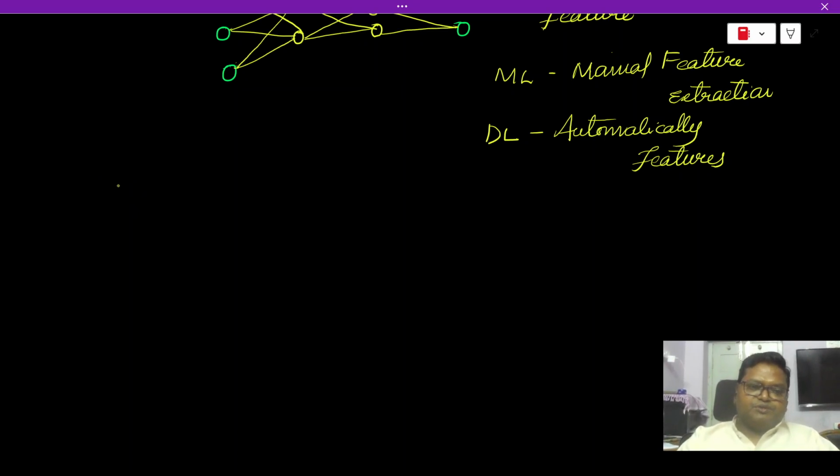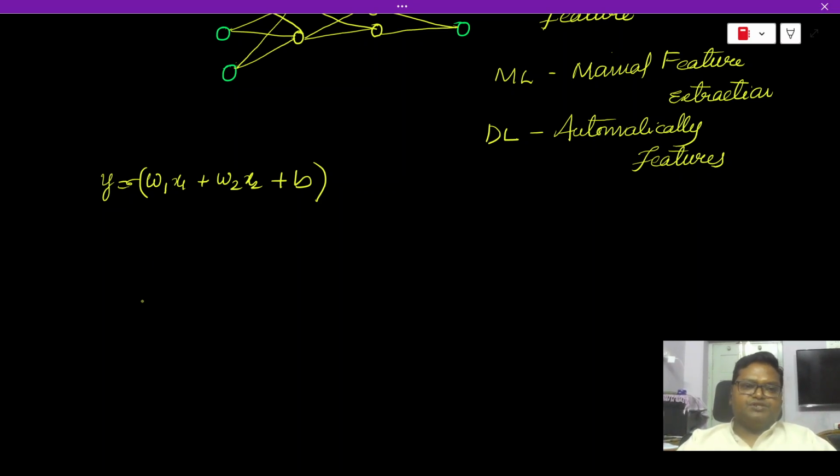What is a perceptron? A perceptron is a single unit which will classify the inputs using an activation function. You go with a linear relation W1 x1 plus W2 x2, two inputs, plus B bias, and you subject this to some activation function, let us say sigmoid.